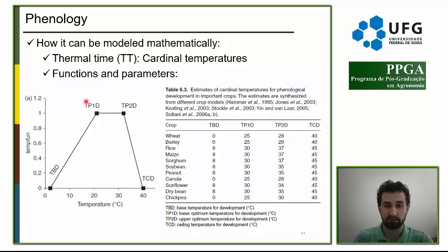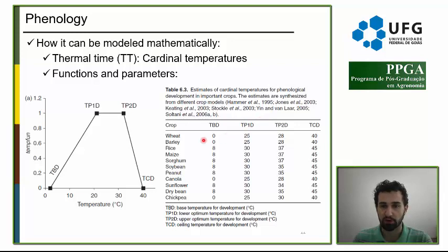And the next step in the crop development is to define the parameters. So in our equation, we have these 4 parameters. We can make measurements in the experiment to define these points, or use references to get these parameters.